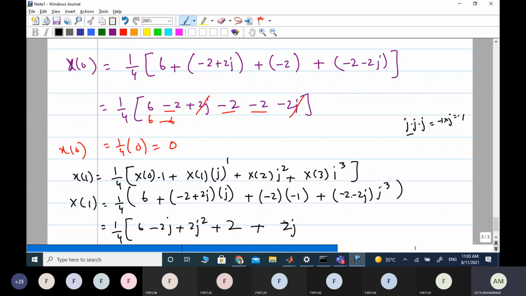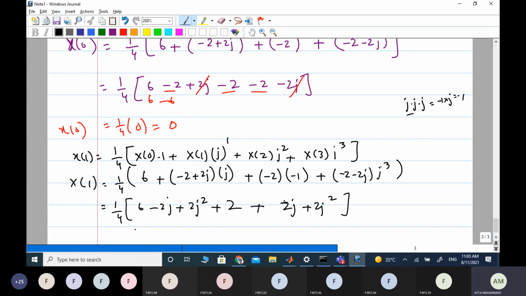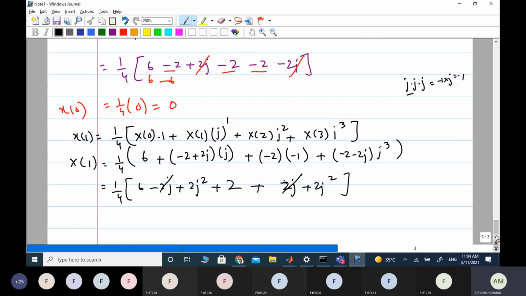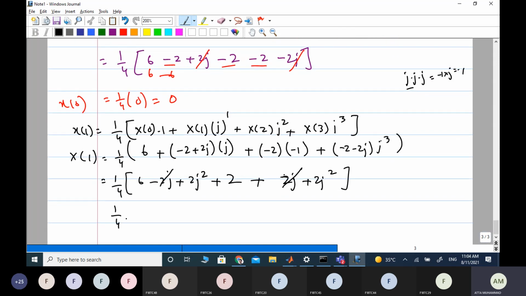Okay, I hope you are getting it. So now you can see this is minus 2j and this is plus 2j, right? Okay, so 1 by 4 of 6, and we have plus 2, and we have plus 4j square, right?